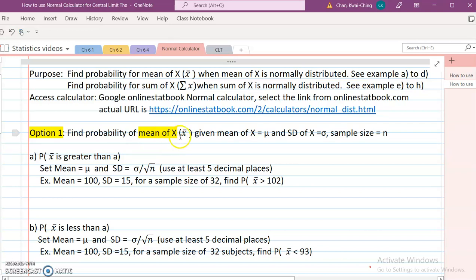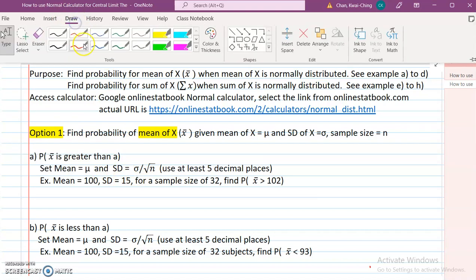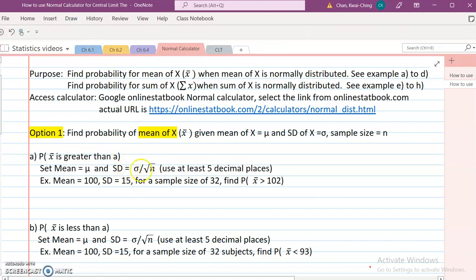And if they're normally distributed, the mean would be the same as the old mean of X, but the standard deviation would be sigma over square root n. What is sigma? Sigma is the old standard deviation of X itself, and n is the sample size. So you would have to adjust the standard deviation to sigma over square root n.